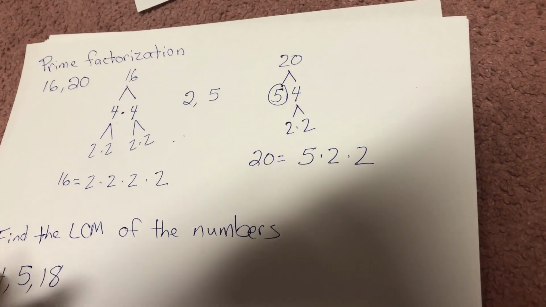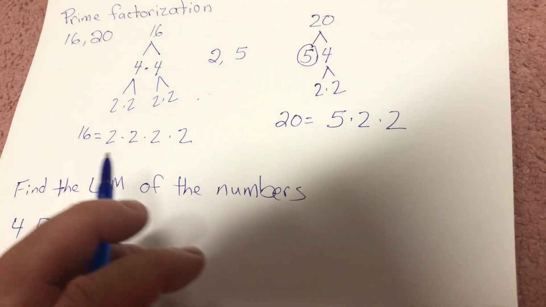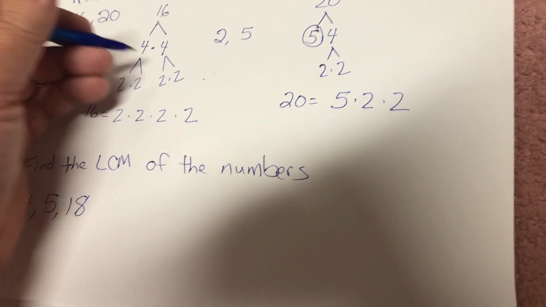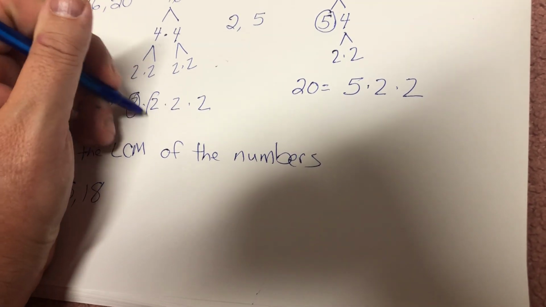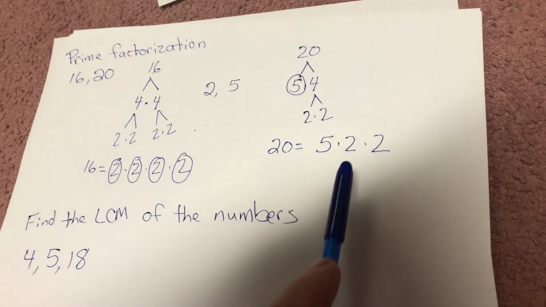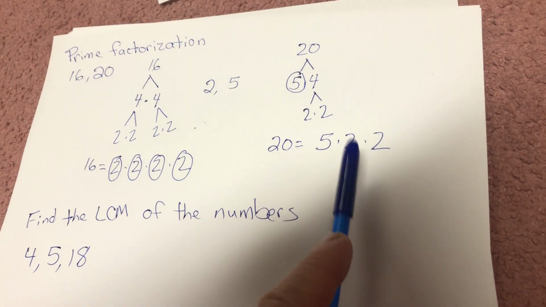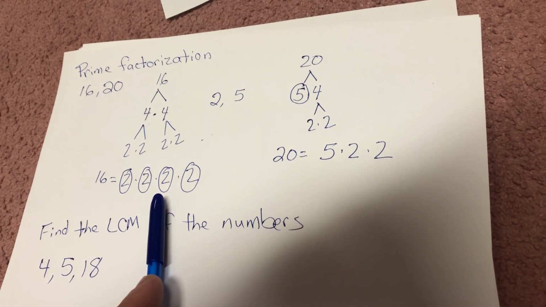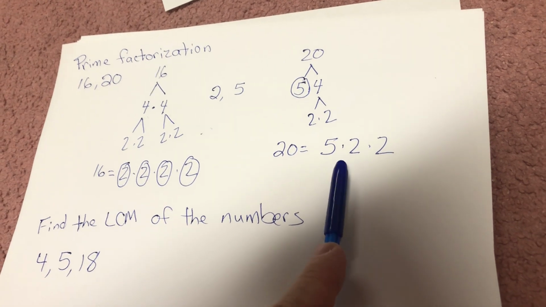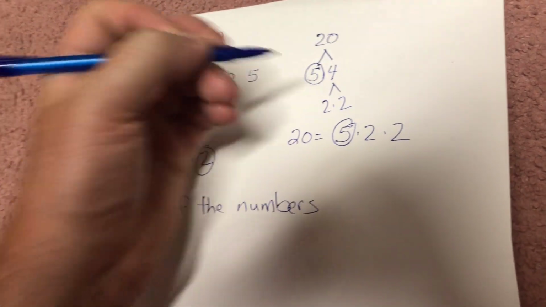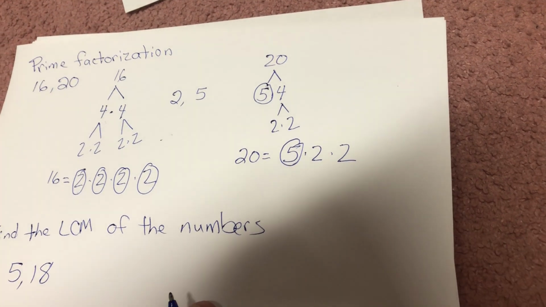And so what I'm going to do first is I'm going to circle all the 2's on the 16, because there were more 2's over here than there were here. I'm not going to circle any 2's here because there were more 2's over here. Now there are more 5's over here. There's no 5's over here at all, so I'm going to actually circle that 5 and use that 5.